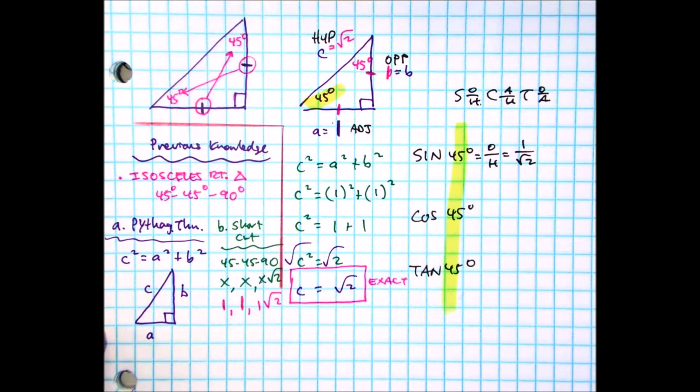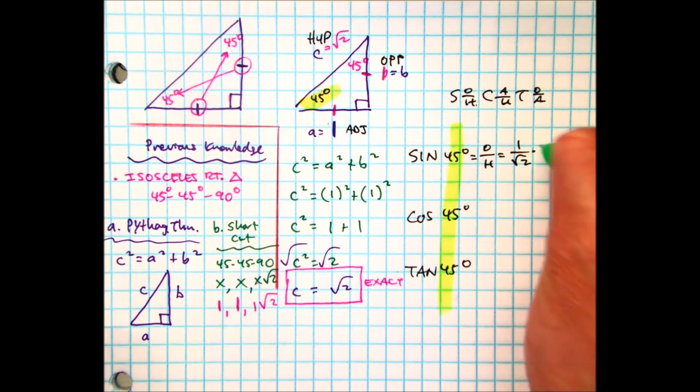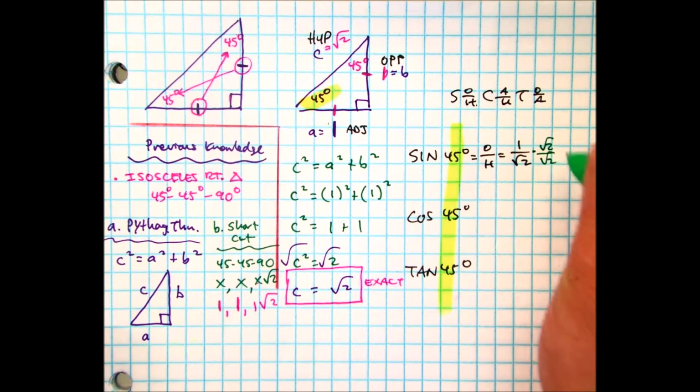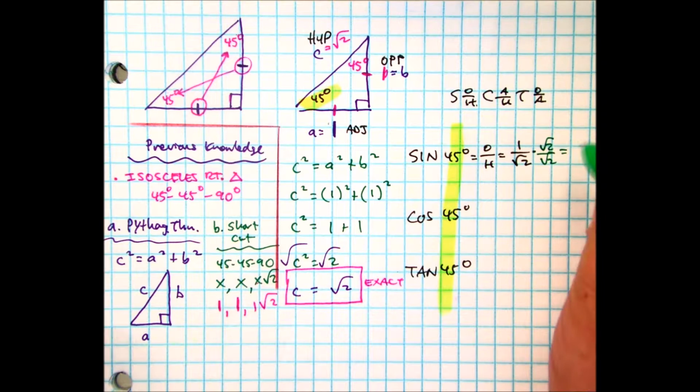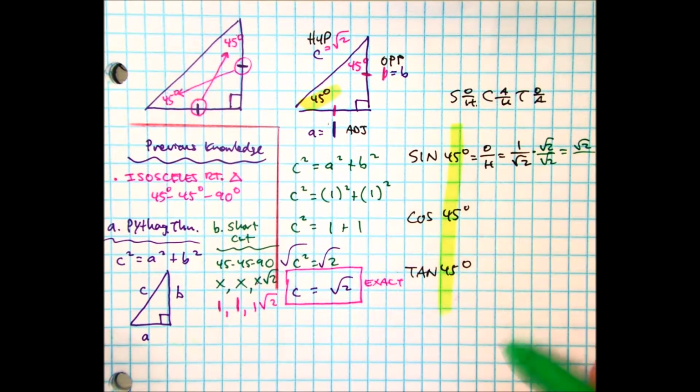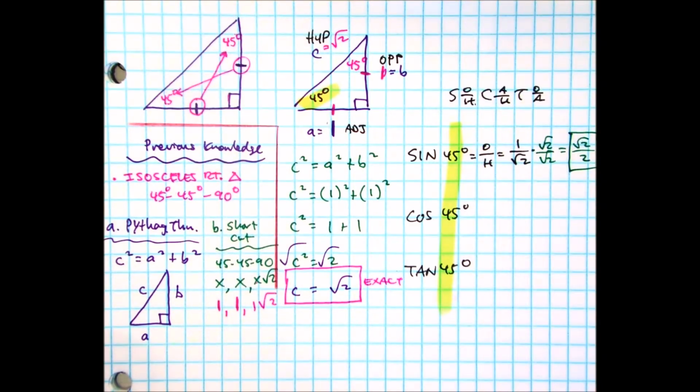So we have to do something called rationalizing, which means I multiply the numerator and denominator by radical 2. Class, 1 times radical 2 is radical 2. Radical 2 times radical 2 is radical 4, which is 2. My answer is radical 2 over 2.